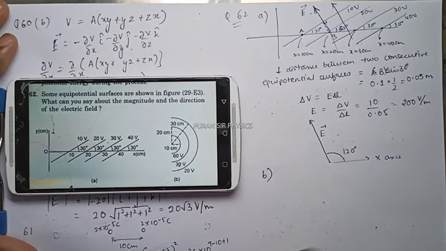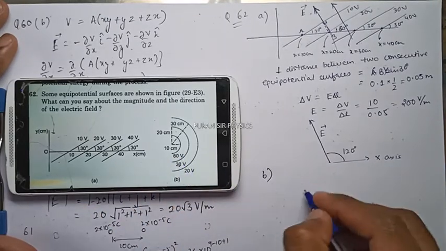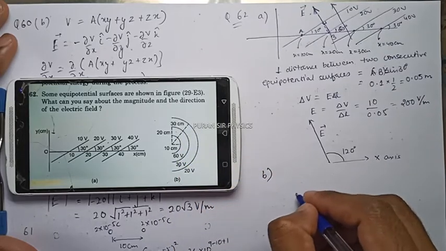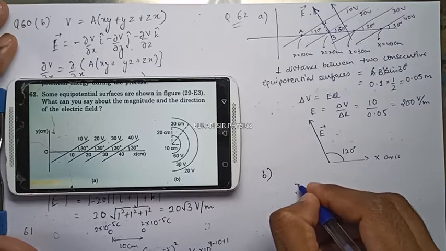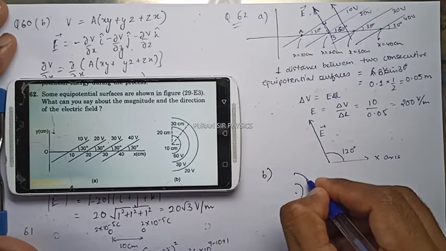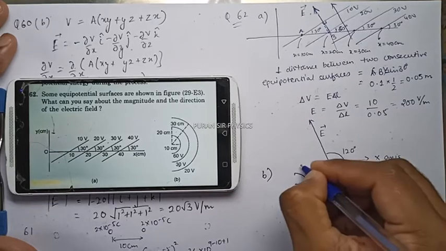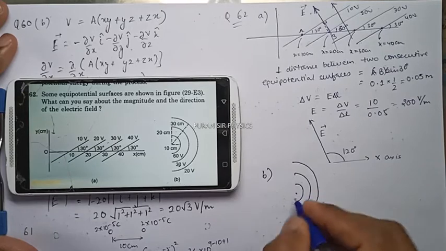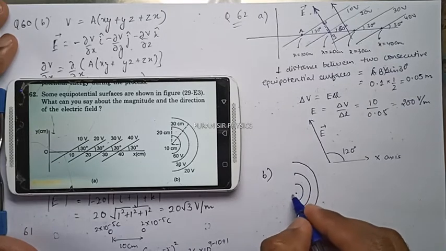Okay, so in figure B we have concentric equipotential surfaces. And the radius is also given.